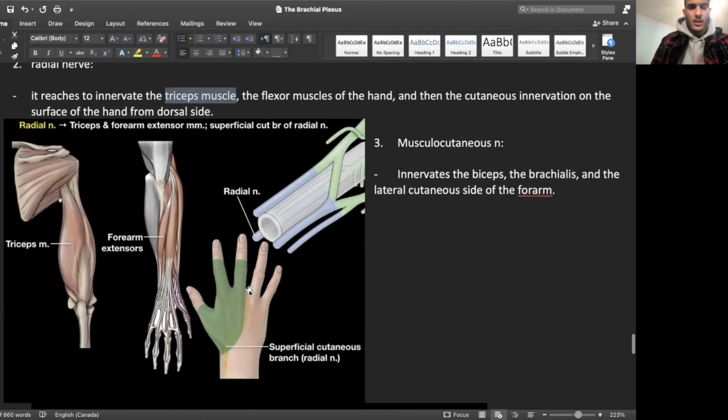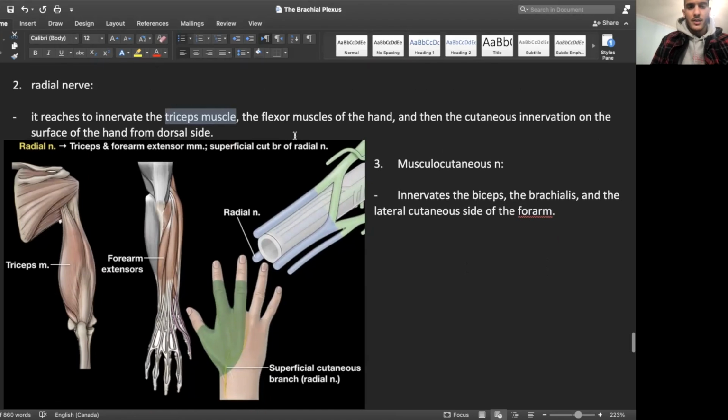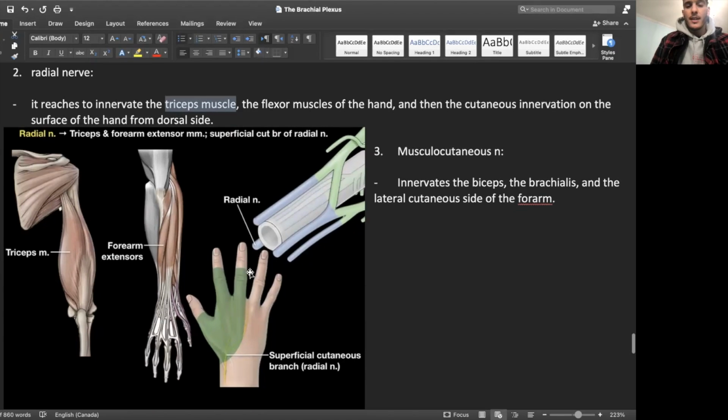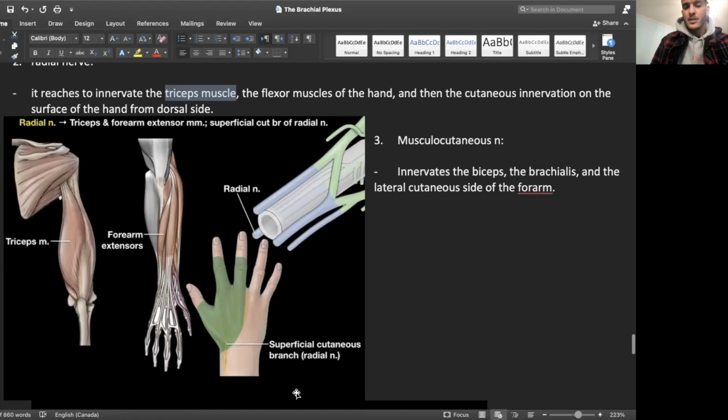The triceps are on the posterior aspect of the arm. In the forearm, it innervates the most superficial muscles of the hand. And then it innervates finally the cutaneous region. The superficial cutaneous branch that arises from the radial nerve innervates this part of the hand. So it's not the palmar side, but the dorsal side.